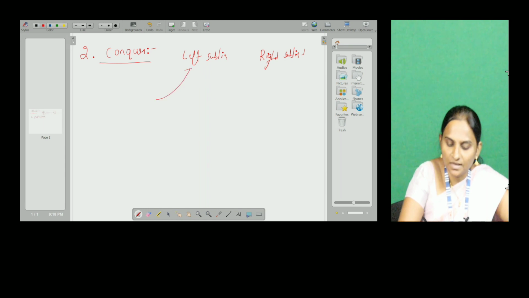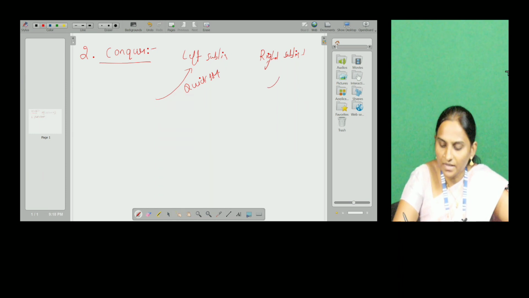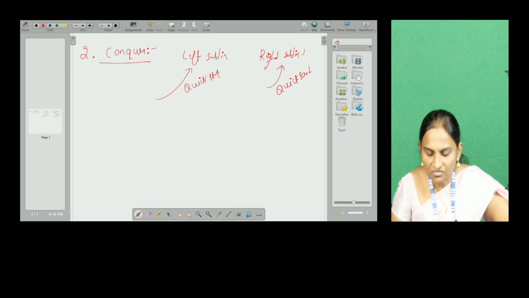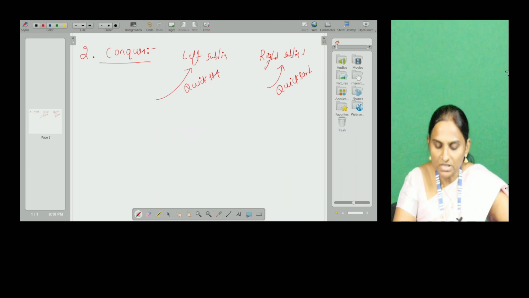Apply QuickSort again recursively for the left sublist, and apply QuickSort recursively for the right sublist. This process is called conquer. This process has to be applied recursively until the sublists have fewer than one element.